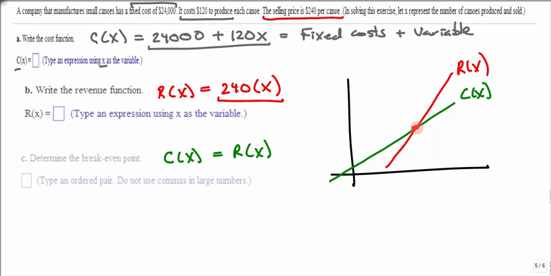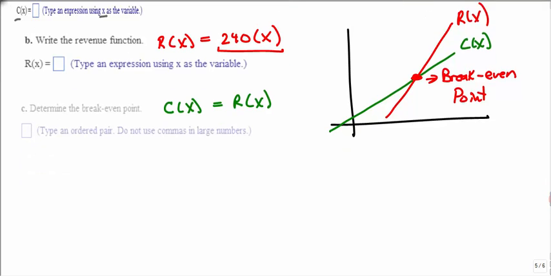And at this very point where they intersect and they basically agree that my values are the same for x, my number of canoes I need to produce for a certain profit is my break-even point. And again, like I said, this is the point where we start to make money. Below this, my revenues aren't as high as my costs, so I'm losing money. At this point, they're the same. Above this point, I'm making more money. I'm bringing in more revenue than my costs, so I finally start to make money.